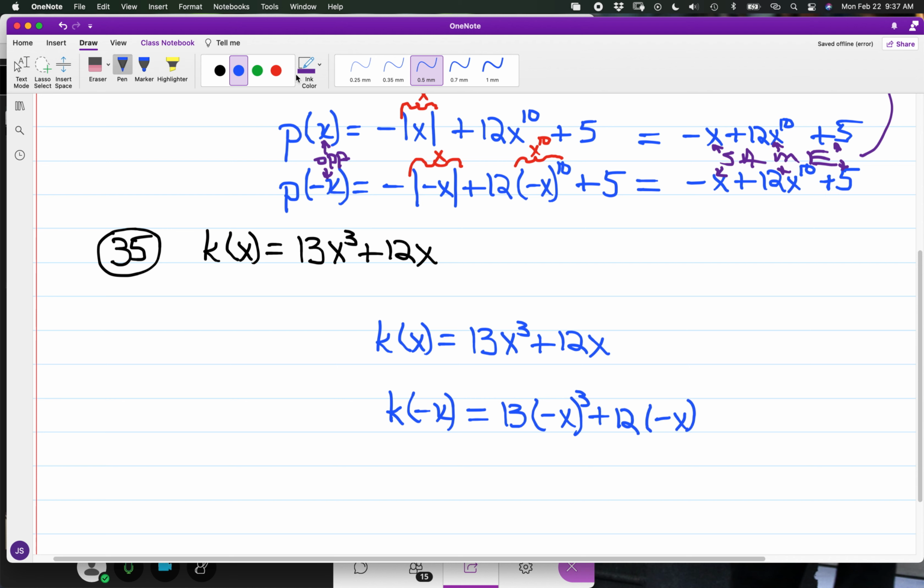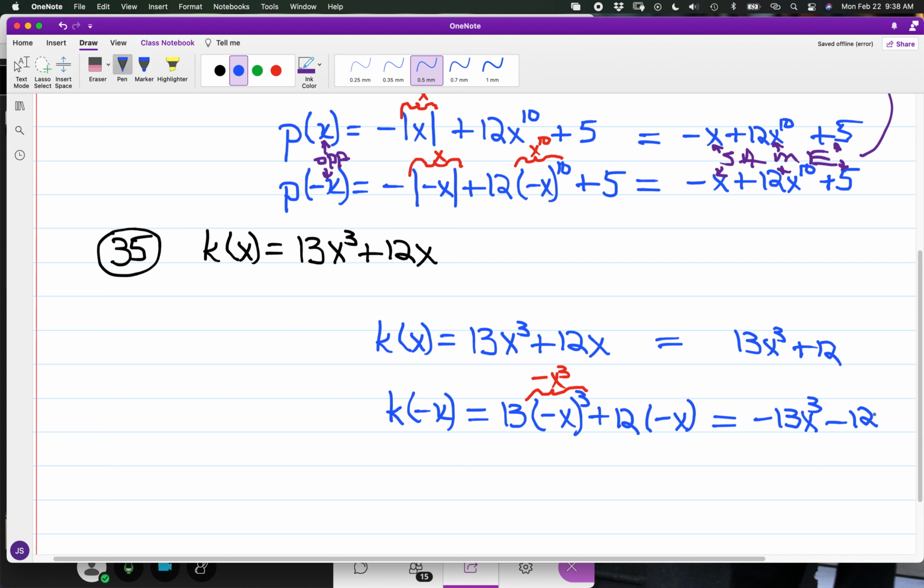Now, for the cube of negative x, again, this is going to be minus x cubed. And in the follow through, we have negative 13x cubed minus 12x. Whereas in the function before, I had 13x cubed plus 12x.